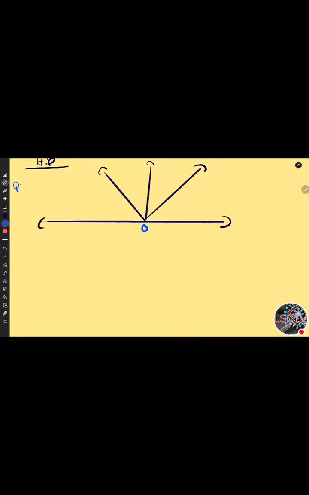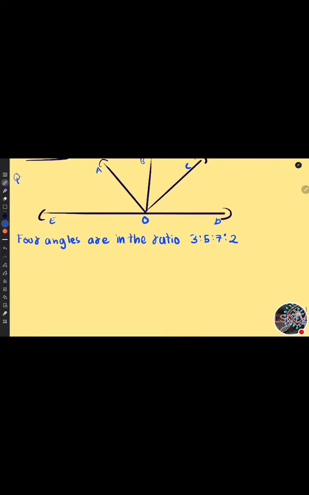This is O. Four angles are in the ratio 2:3:5:7.